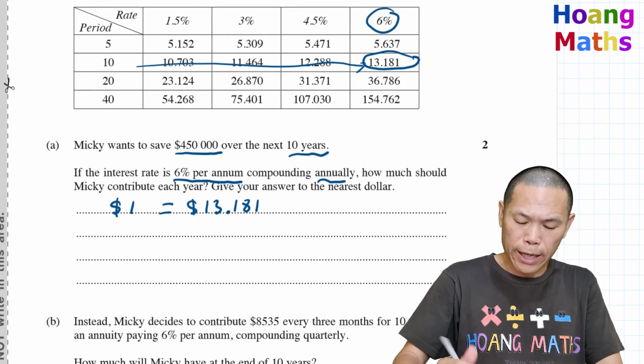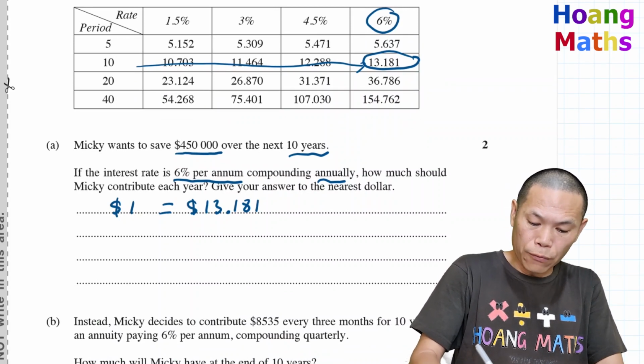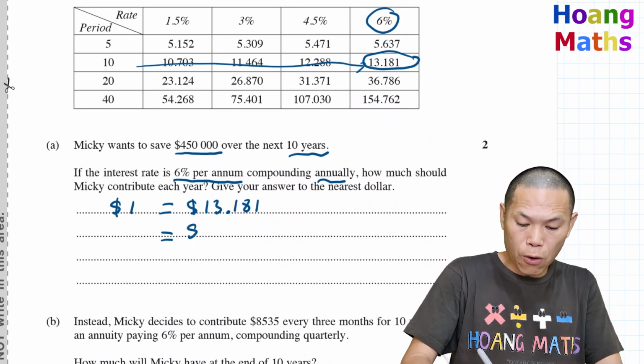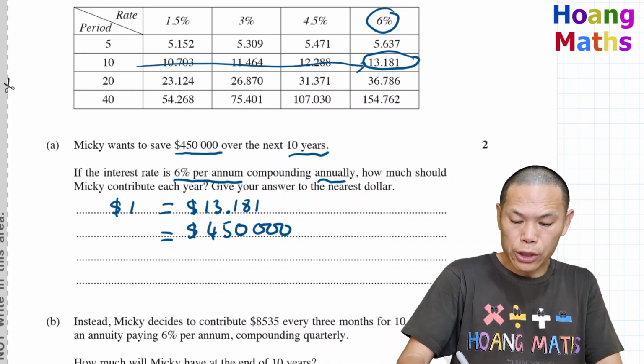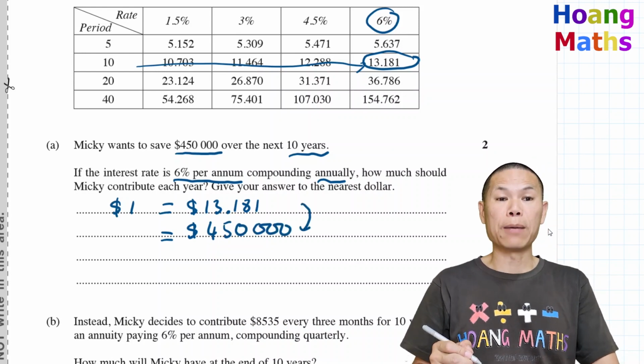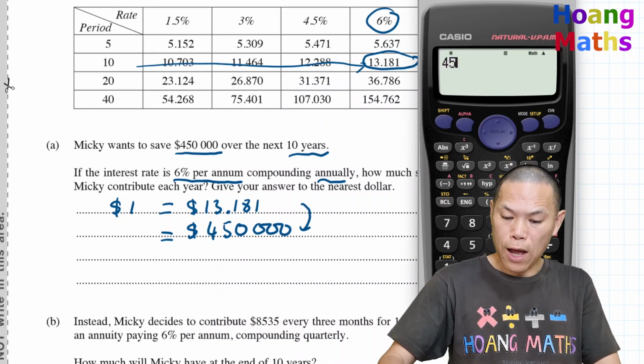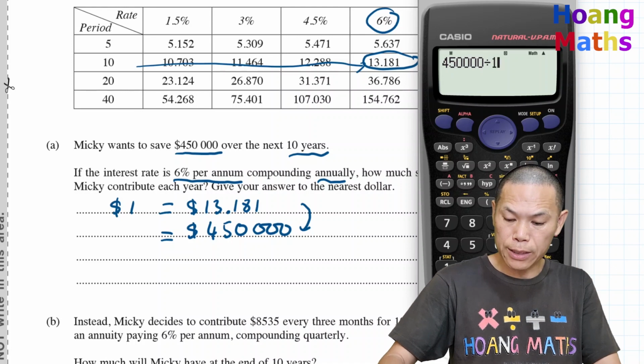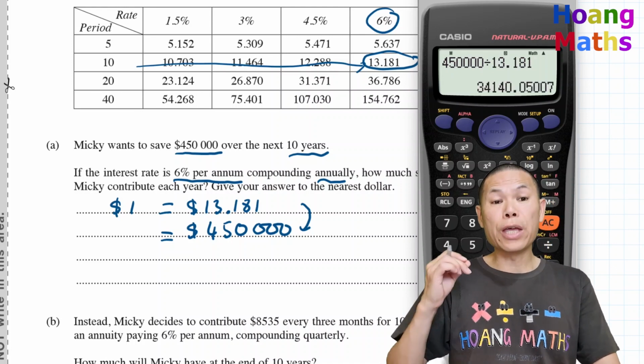Now to work it out, the future value is 450,000. So we just need to work out from here to here how many times. So I just go 450,000 divided by 13.181.